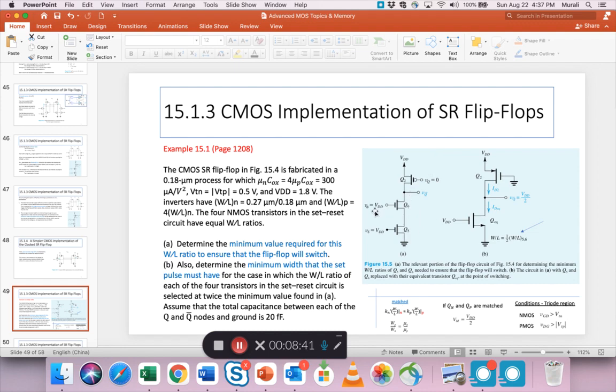And here, what he does is, this Q2 has all these in series, right? So he takes the combination of these two, which have the same W by Ls, and converts them into an equivalent. So this step is important, okay? The equivalent transistor has a W by L which is half the W by Ls of the individual transistors.